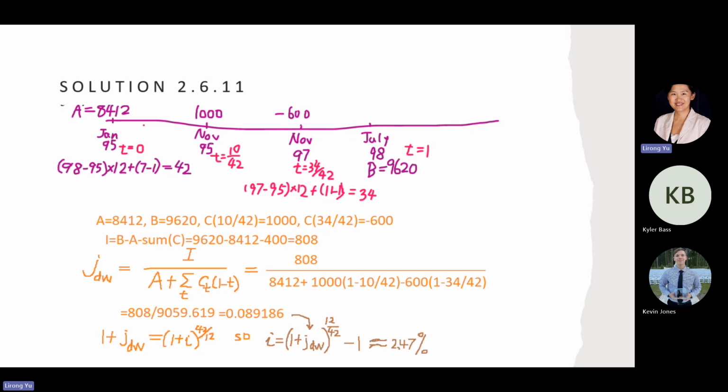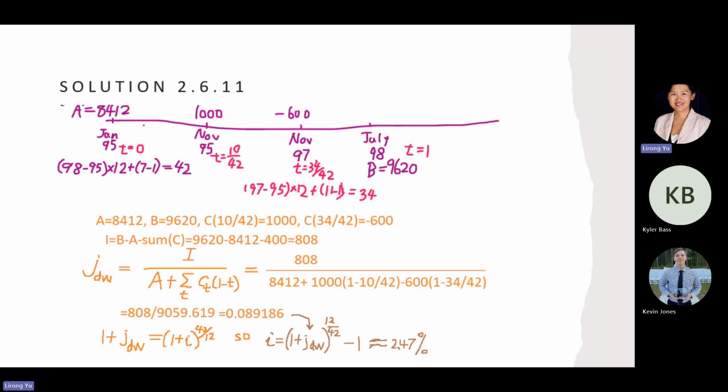Copy the timeline over here. We already have A at the beginning, B at the end, and a couple of C, 1,000 and negative 600. So now I is calculated by B minus A minus C, where C has to be the total. If you add the 1,000 with negative 600, it's 400 total.